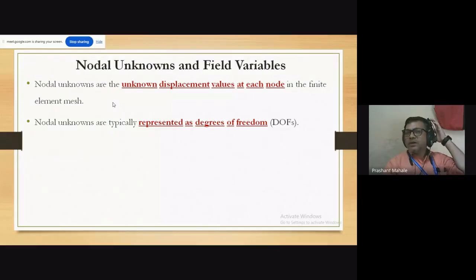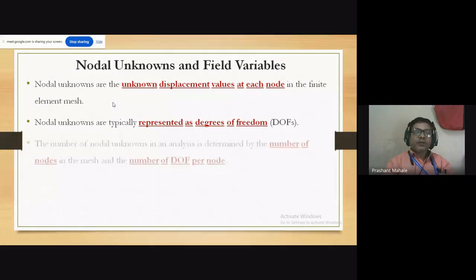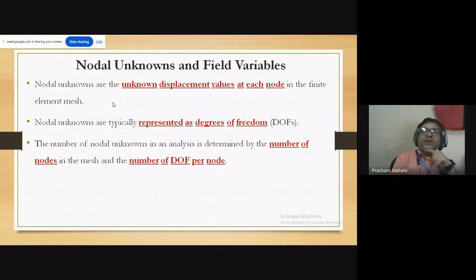So degrees of freedom here are going to represent nodal unknowns. In every case, an element will have nodal unknowns and field variables. First we'll see what nodal unknowns are, and then we'll go for field variables. The number of nodal unknowns in an analysis is determined by the number of nodes in the mesh and the number of degrees of freedom per node.